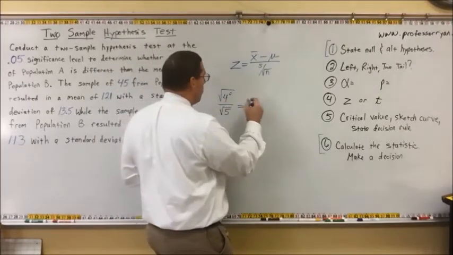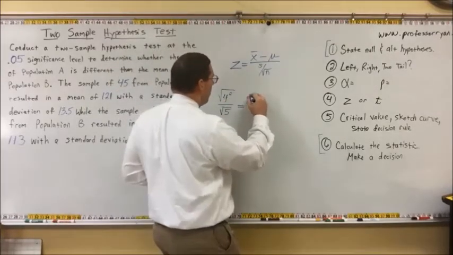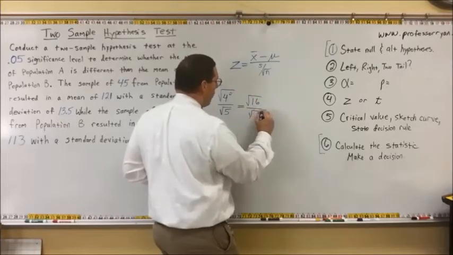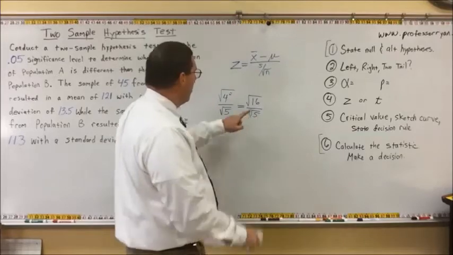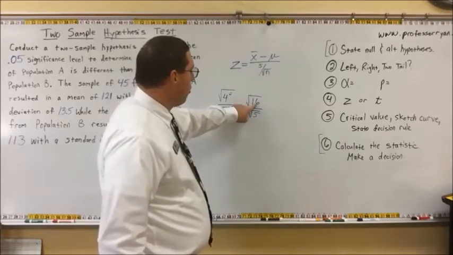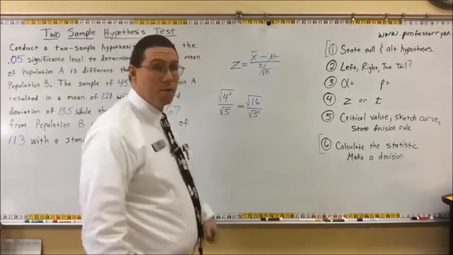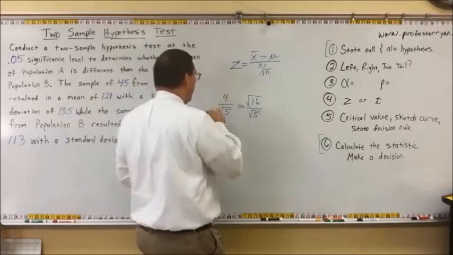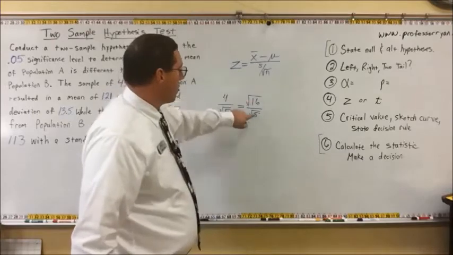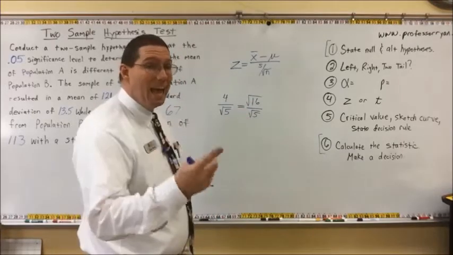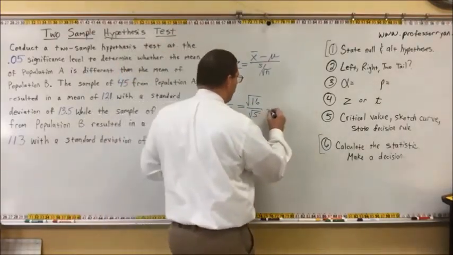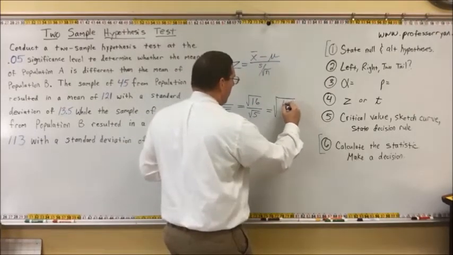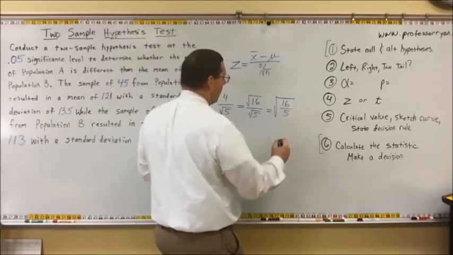So 4 squared is 16, and then I'll put a square root on it, over the square root of 5. And so this is the same thing as 4 over the square root of 5, which is what we had started with. So 4 over the square root of 5 is the same thing as the square root of 16 over the square root of 5. And we're going to go one step further. We could turn this into a single radical, the square root of 16 over 5.